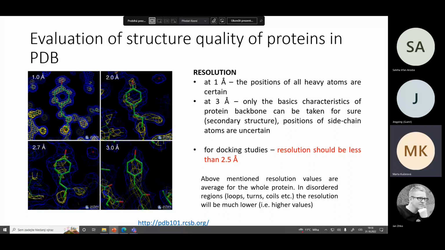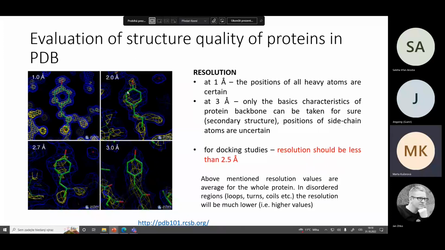So let's elucidate the resolution. In the figure, you can see one amino acid, it's tyrosine, under different resolutions in different proteins. So at resolution 1 angstrom, the position of all heavy atoms is really certain. So the clouds of electron density are really tight, and the position of the atoms is more certain.